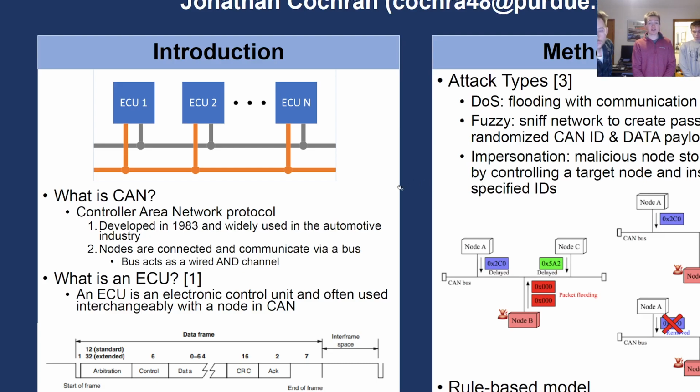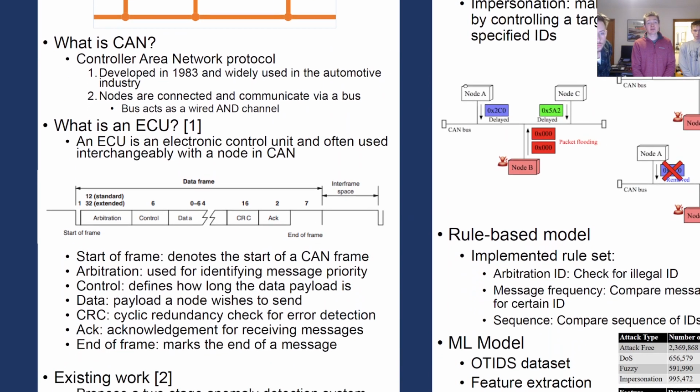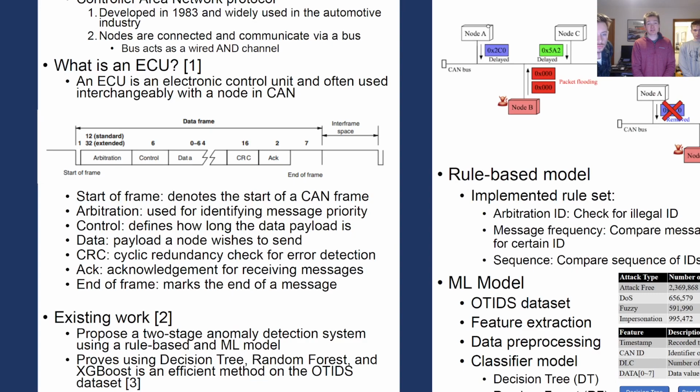An ECU is an electronic control unit, and it's also often used interchangeably with a node in the CAN protocol. So an example of an ECU in the automotive industry would be an engine control module or a body control module, and each ECU has specific functions that it performs.